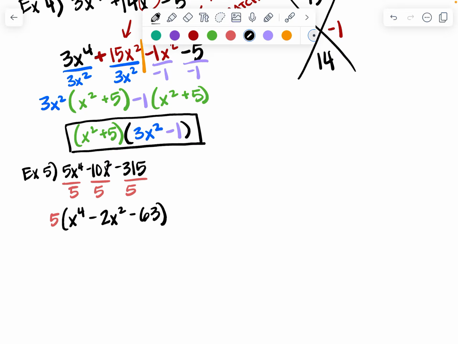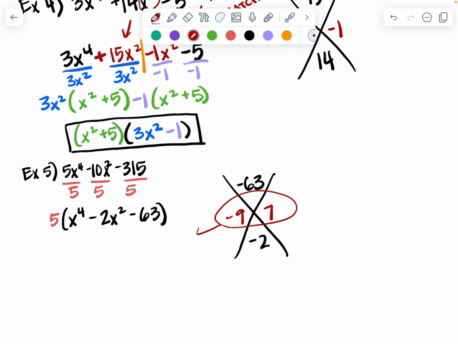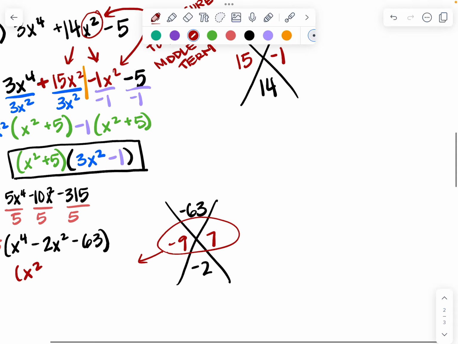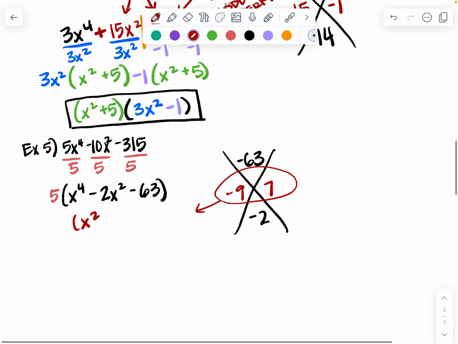Now I have a trinomial. And a is equal to 1, so I can use the shortcut. So I have negative 63 and negative 2. So that means I can use negative 9 and positive 7, and I don't need to factor by grouping, but I do need to remember to use x squared because that's the middle term here.